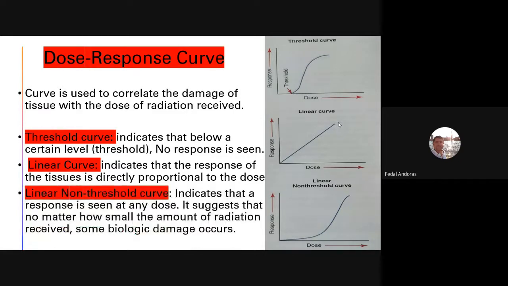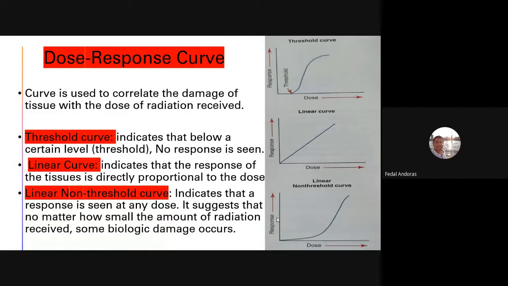The last one, and this is a very, very important one, is the linear non-threshold curve. This one indicates that a response is seen at any dose. Be careful.